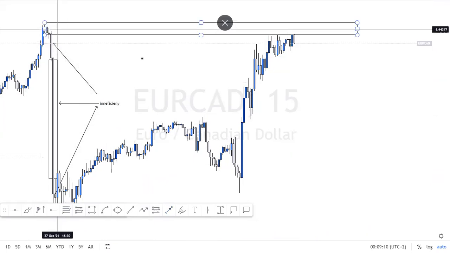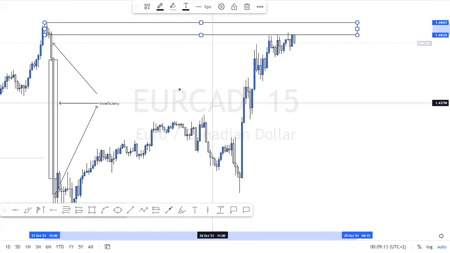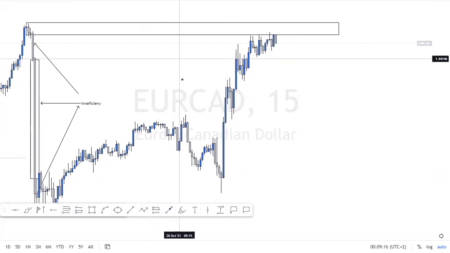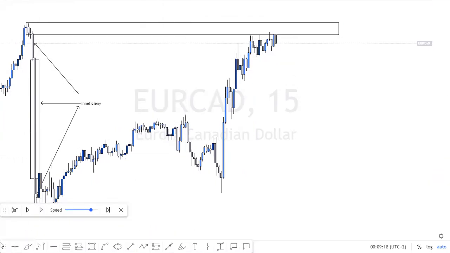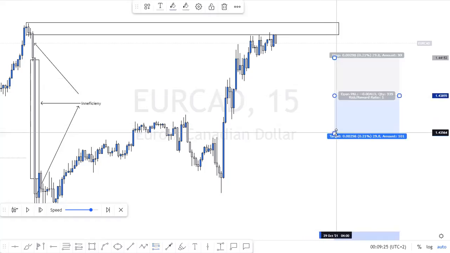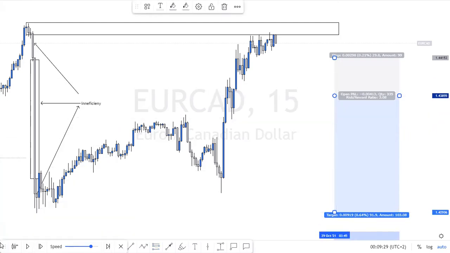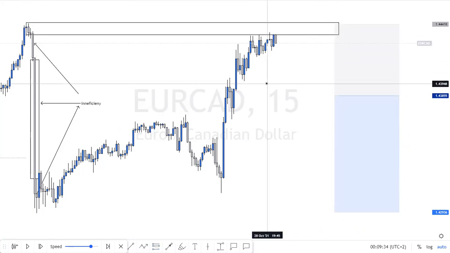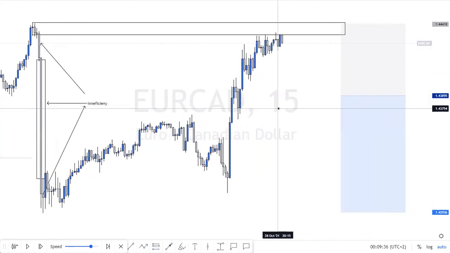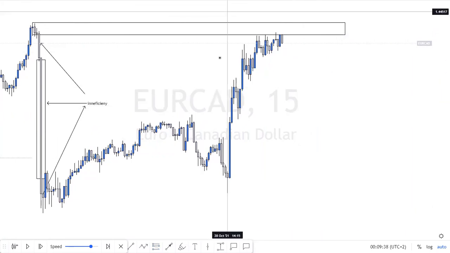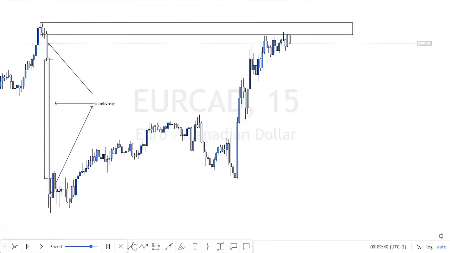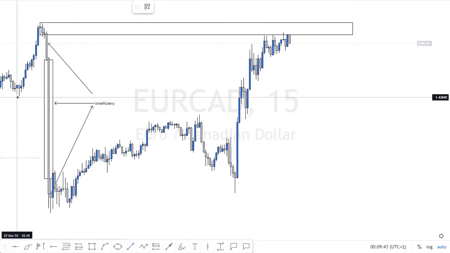You get the point. So now we get to refine our point of interest. This is the main topic, the refinement. So if we were trying to sell on the 2 hour, you see where we actually take our order block on the 2 hour from.